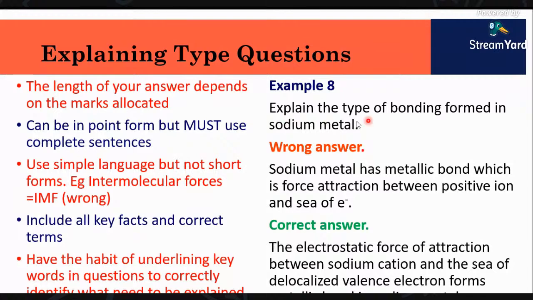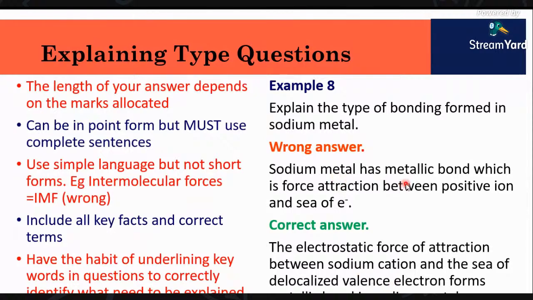Explain the type of bonding formed in sodium metal. This question was awarded 2 marks. So for a 2-mark answer, this is sufficient, whereby you are clearly indicating the force of attraction. What force is it? It's the electrostatic force of attraction between the sodium cation and the sea of delocalized valence electrons.